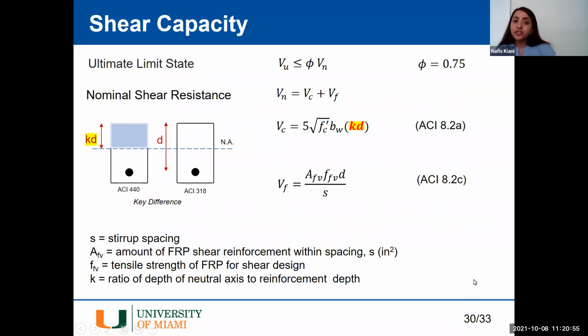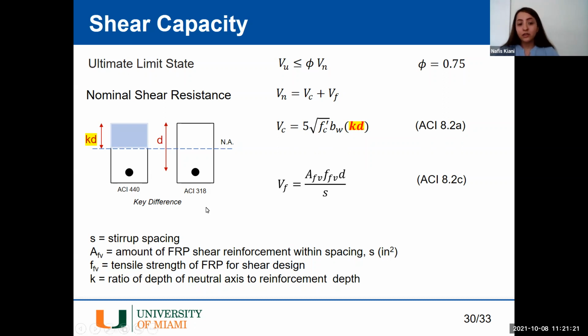In the case of the shear capacity, the theory is the same. The shear capacity needs to be greater than the demand. And the nominal shear resistance would be the contribution of the concrete, which is VC, plus the shear reinforcement, which is VF. In the case of the contribution of the concrete, it's different between the steel and the FRP.